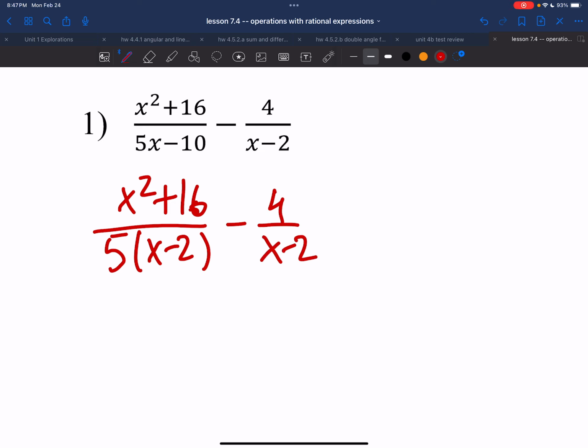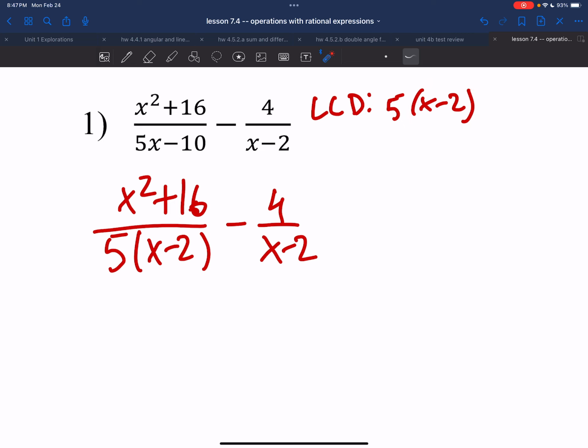Now look, what's the LCD? Well, you need a factor of 5, and on this denominator you need a factor of x minus 2. So you put that in the LCD, 5 and x minus 2. Now go to the other denominator. You have a factor of x minus 2. Oh, well, great news. 5 times x minus 2 already has a factor of x minus 2.